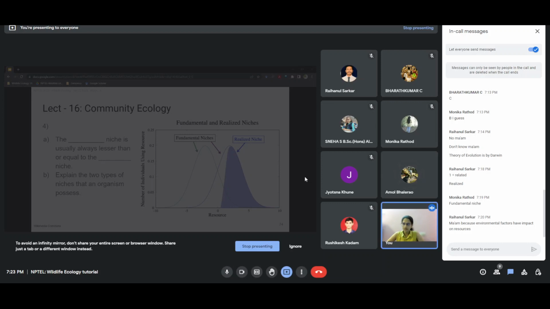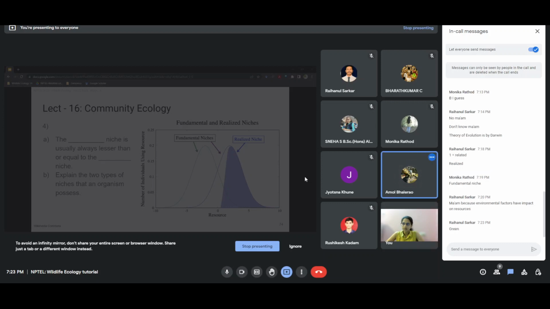So here, which is the more successful competitor between green and purple? Right, so Ranul has given you a clue. Green. Yeah, it is the green species, right?